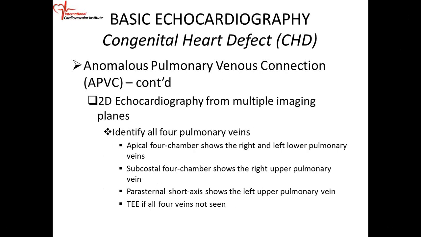If you can't see all four pulmonary veins on your transthoracic echo, then that's an indication to move on to a transesophageal echo. So in the apical four-chamber view, you can see the right and left upper pulmonary veins.